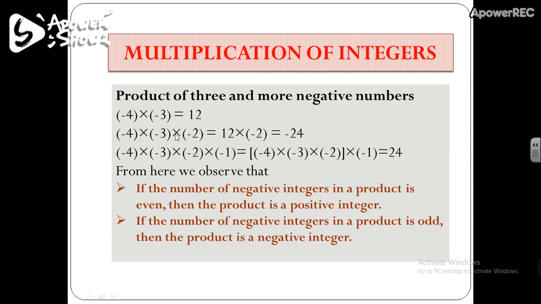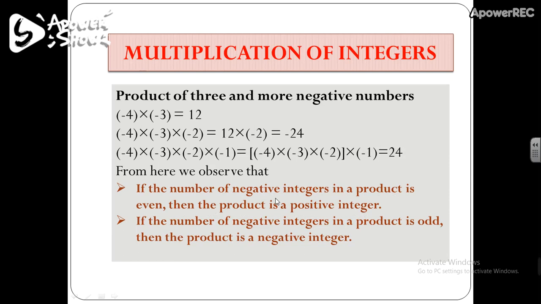So from here we observe that if the number of negative integers in a product is even, meaning numbers like 2, 4, 6, 8, or numbers with unit digit 0, 2, 4, 6, 8, then the product is a positive integer.